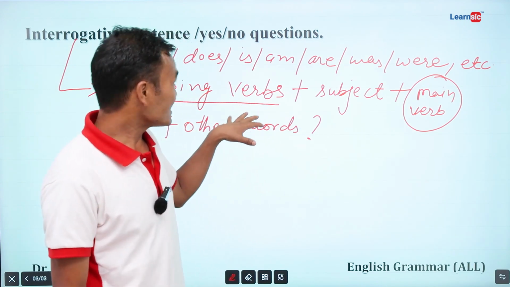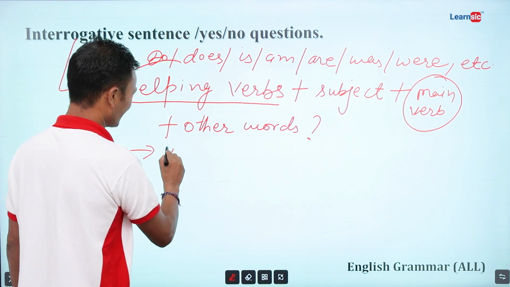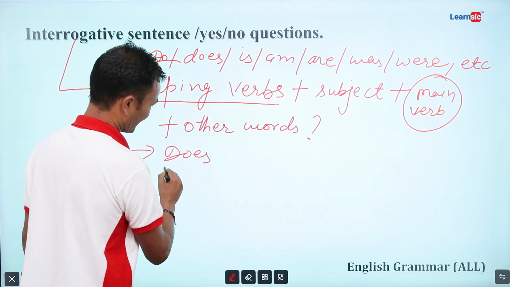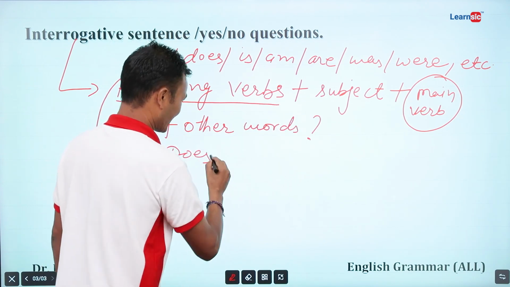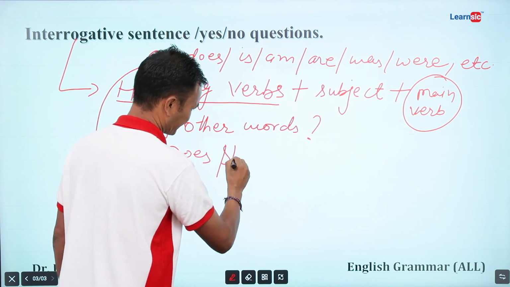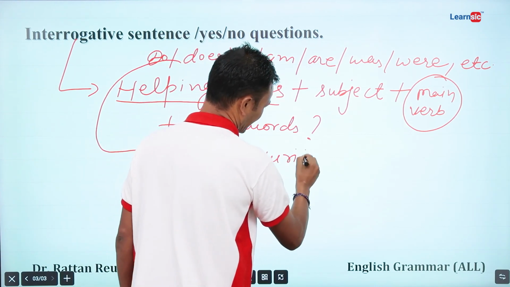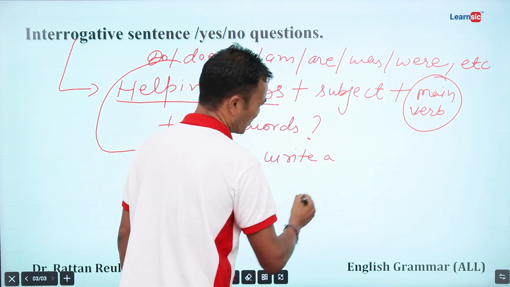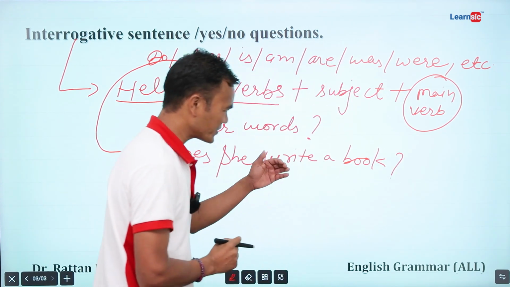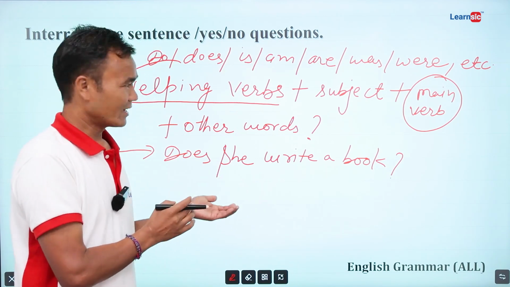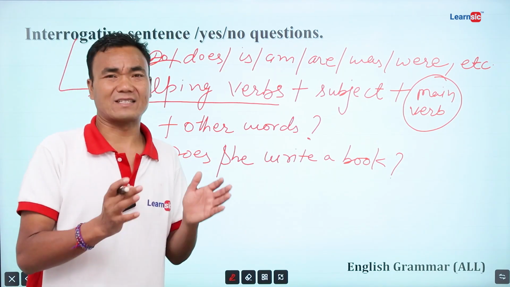So for our sentence, for example, here I write does, and then the subject: does she write a book? Look at it, when you study very carefully, right? First, does she write a book? What is it?